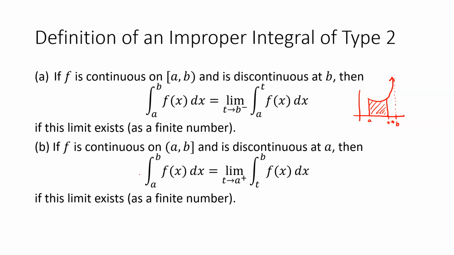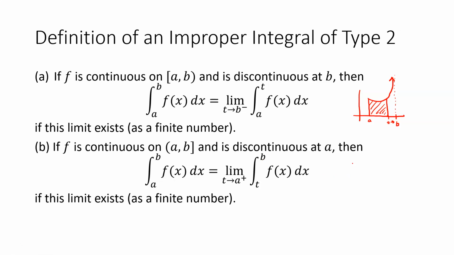Similarly, if f is continuous on the interval from a to b, where it's open at a, and we have a point of discontinuity at a, then the integral from a to b is equal to the limit as t approaches a from the right of the integral from t to b.